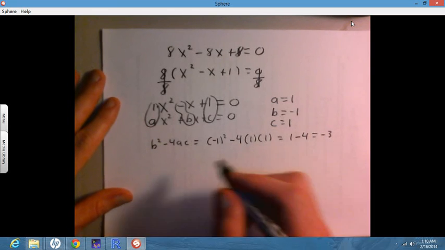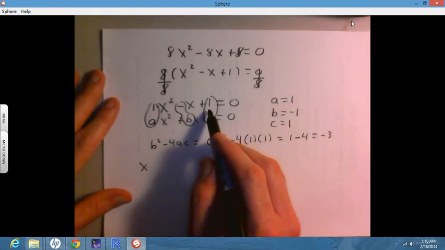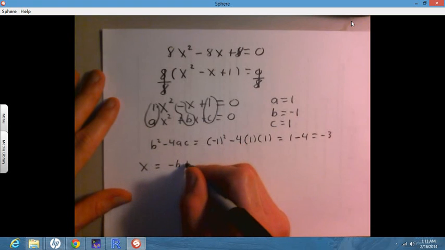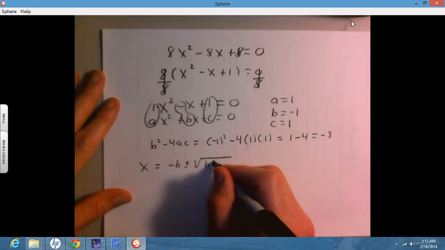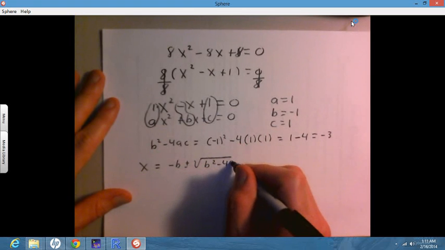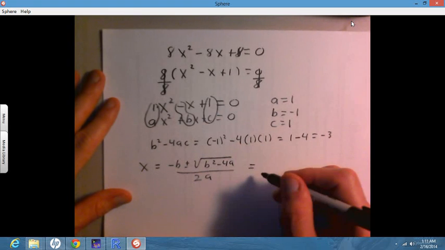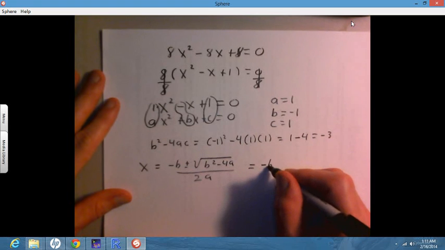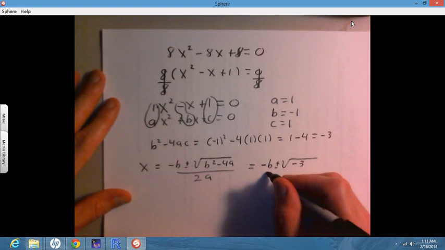Now, I know how to solve this equation up here. I just use my quadratic formula, where x is equal to negative b plus or minus the square root of the discriminant, which is b squared minus 4ac, all over 2a. Well, my discriminant I already calculated was negative 3, so this is going to be equal to negative b plus or minus the square root of negative 3 divided by 2a.